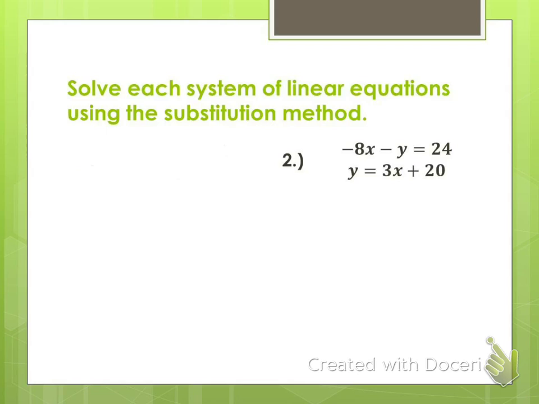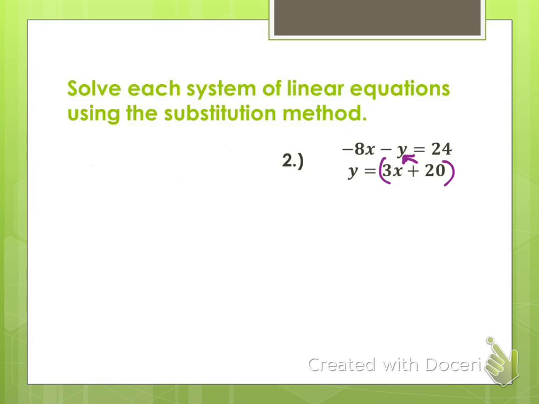All right, on example 2. Which one of the equations is already solved for a variable? The top or the bottom? The bottom. The bottom equation already has y by itself. So on this problem, we're going to be taking the expression 3x plus 20 and plugging it in for the y in the top equation.